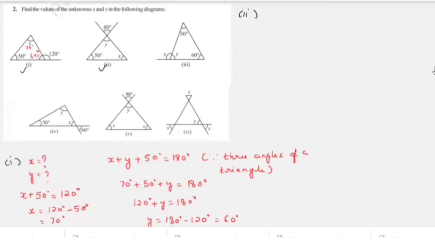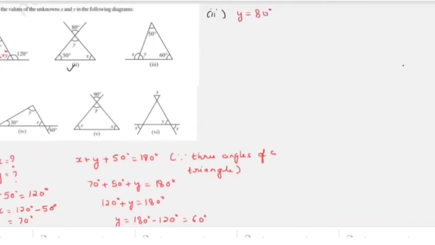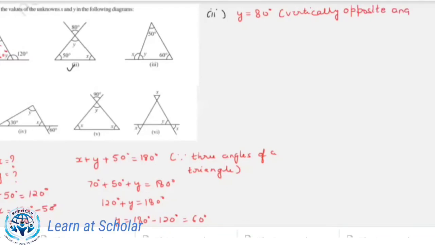In the second one, vertically opposite angles y and 80 degree, right? Students, you have to be well versed with all the properties and all the rules. So go through the chapter number 5. The videos are given on this channel.